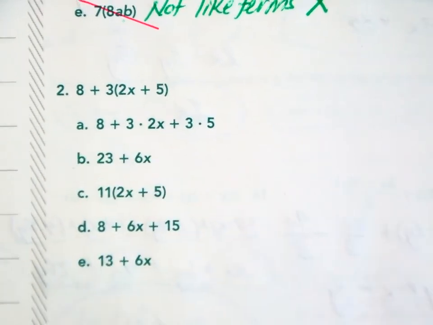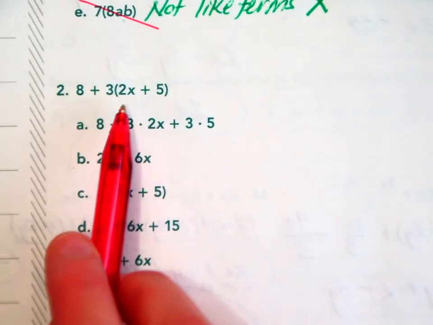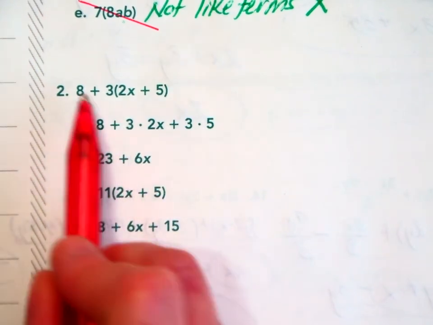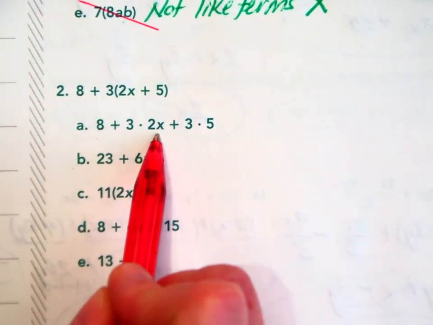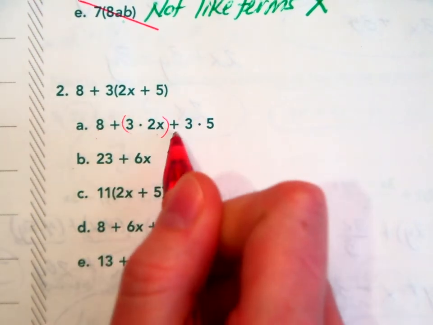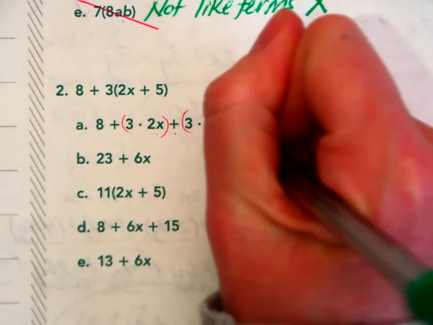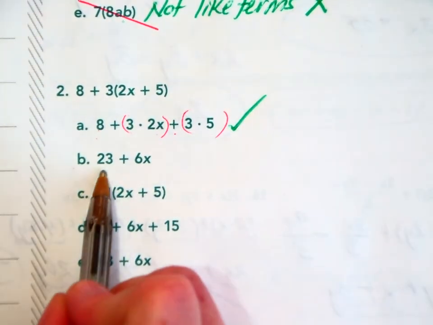Let's look at number 2. 8 plus 3 times the sum of 2x and 5. Well, when I look at this, the 8 plus is there. 3 times 2x, that seems reasonable. All added to 3 times 5, that seems reasonable. I like that one. 23 plus 6x.